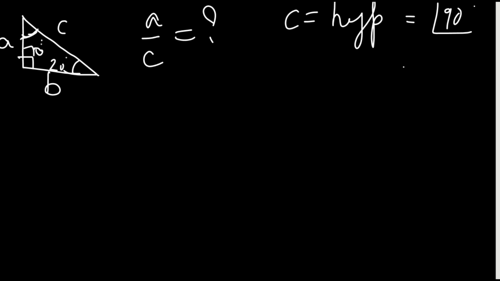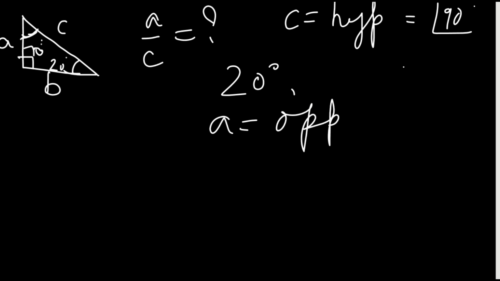With respect to 20 degree, the opposite side will be A, and B will be our adjacent.